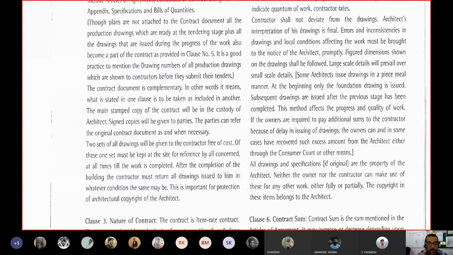So according to the Copyright Act 1957, the architect has a copyright on their production, on their design. Hence they always keep the original copy of their production or their design.